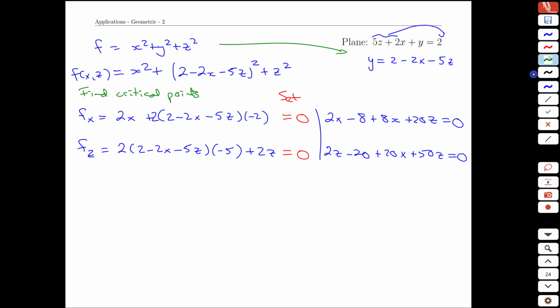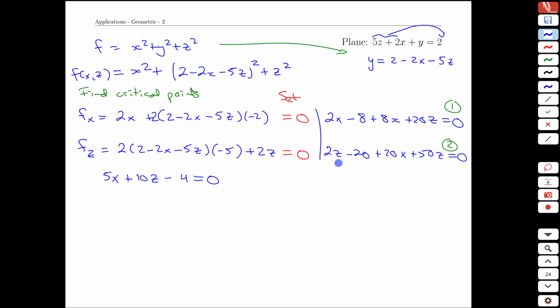So let's call these equation 1 and 2. If we simplify them and collapse the like terms, we actually have 10x's here. If we divide through by 2, we'll have 5x's, 10z's, and divide through by 2 for the 8 will be 4. Similar thing here.